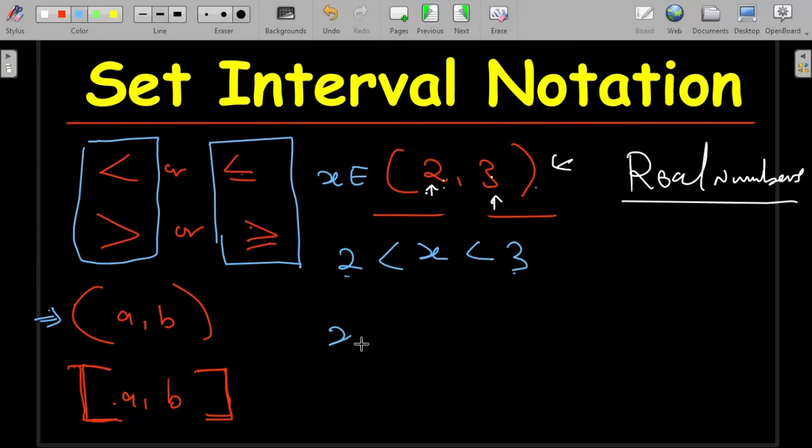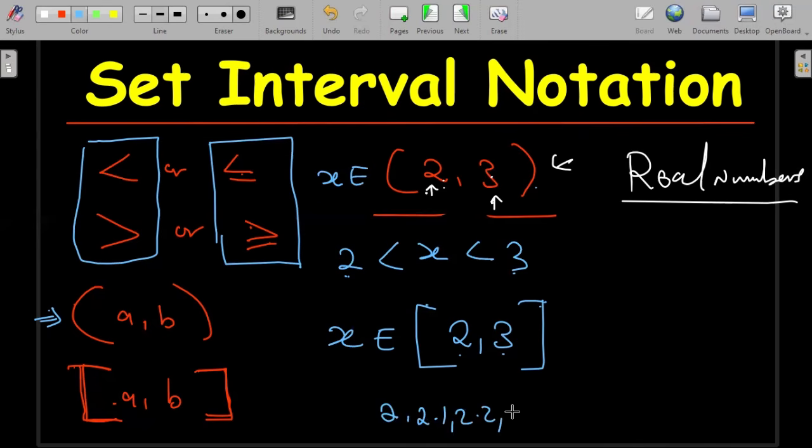So I can also have x is a member of, I use the same interval. Now, since I've put square brackets here, it means I'm also including the 2 and I'm also including the 3. So the numbers in this set start at 2, and then I can have 2.1, 2.2, 2.3, whatever numbers up to the largest number in this set, which will just be 3. So square brackets mean we include this, we also include this.